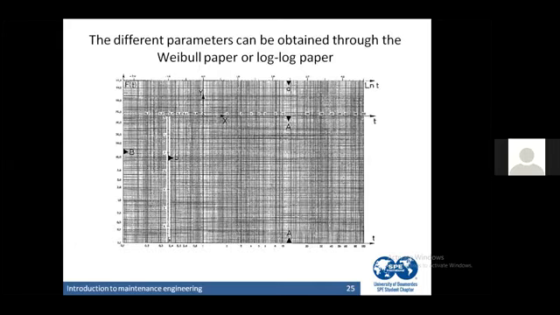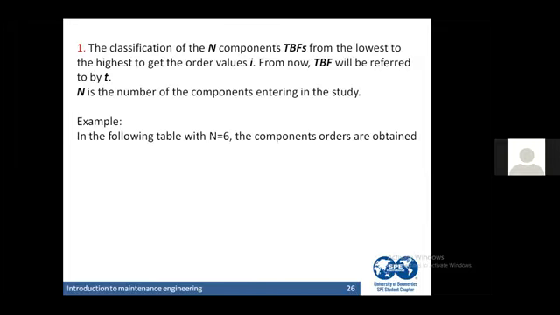This is just a law, it's not something difficult, because generally to get an answer, we can use what we call the Weibull paper or the log-log paper. To use it, we just follow those steps. The first step is the classification of your equipment according to their TBF, or time between failures.